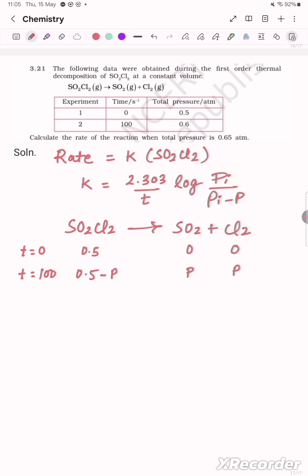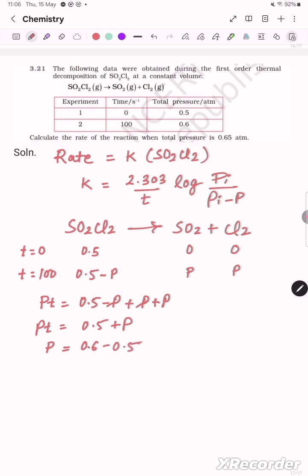So how to calculate total pressure? Pt is equal to 0.5 minus P plus P plus P. Here minus P and plus P cancel out and total pressure is equal to 0.5 plus P. Total pressure is given, that is 0.6 at time 100 seconds. So P is equal to 0.6 minus 0.5.